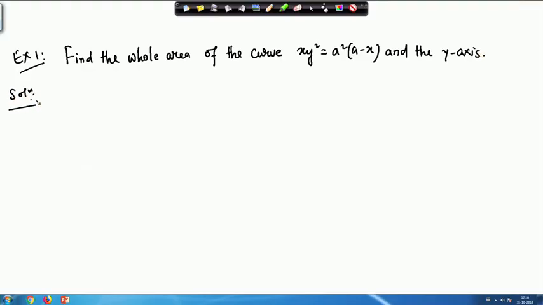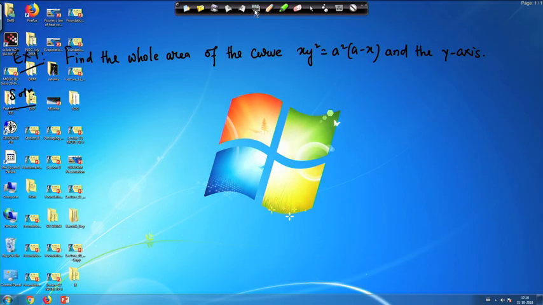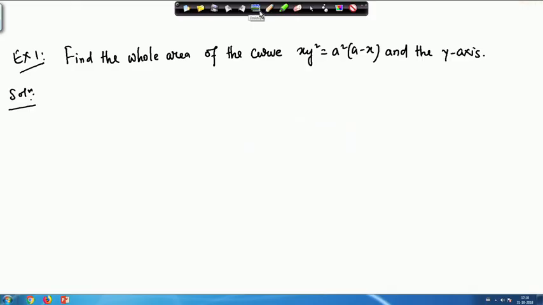So here, the given curve is this one, and we have to calculate the area between this curve and the whole of the y axis.